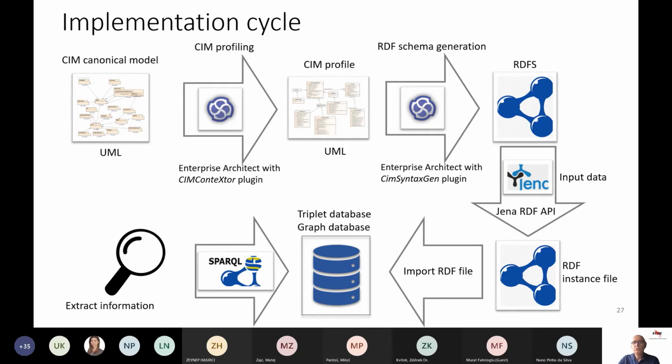Depending on our use case, we extract only the classes and relations which are important for the information exchange within our use case. It means that from an extremely large canonical model, we make a CIM profile, a reduced model which completely meets the needs of our use case.